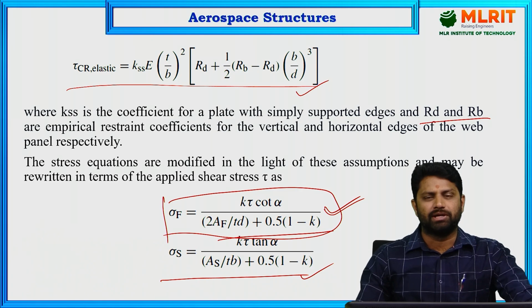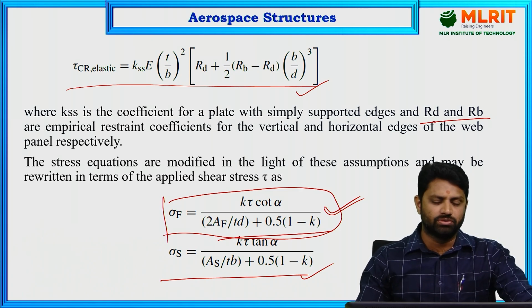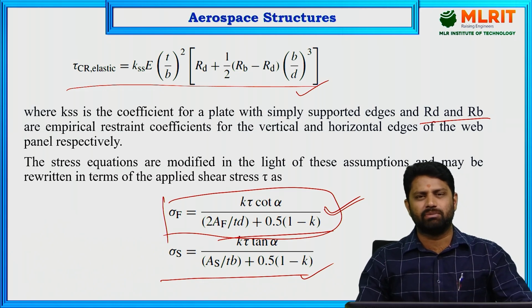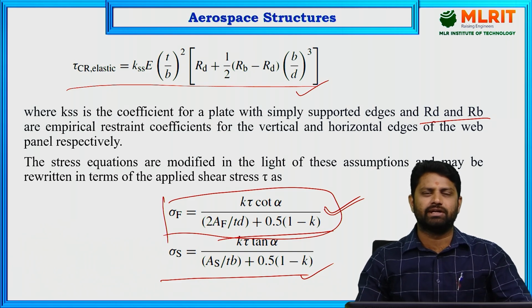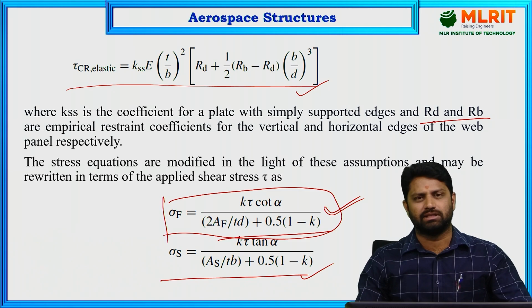For complete tension field beams, we got the formulas using the relationships from the diagram where we considered a cantilever beam with a load W acting, and the angle of diagonal tension alpha, and then we derived the formulas for the stress in the flange, the stress in the web, as well as the other stresses.